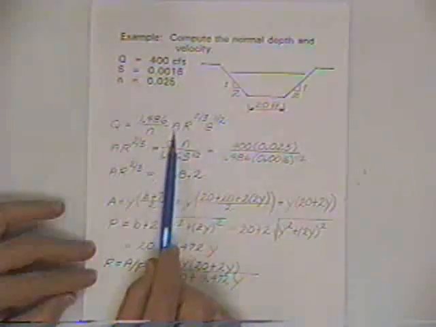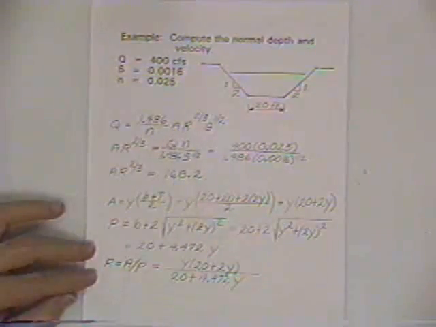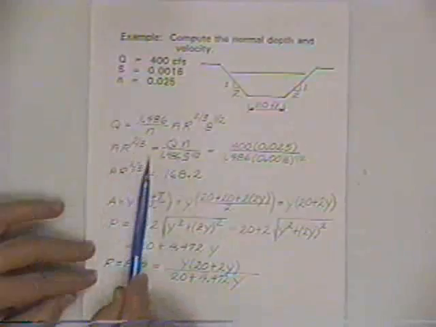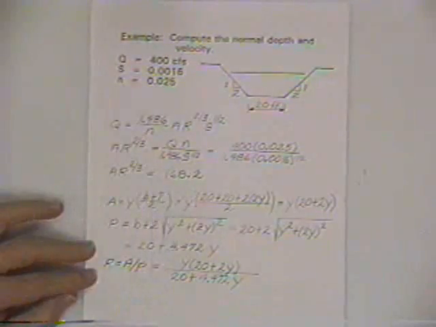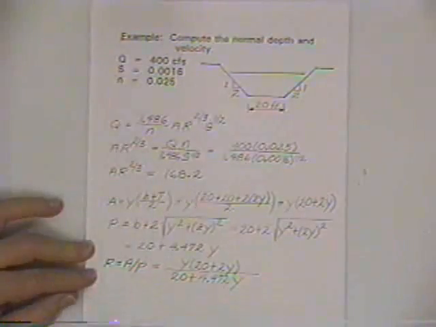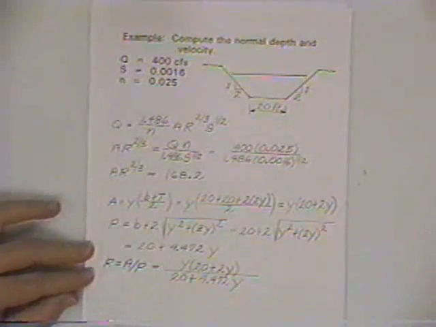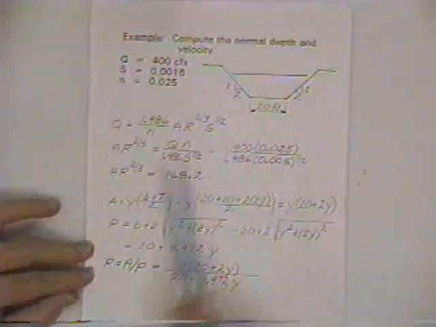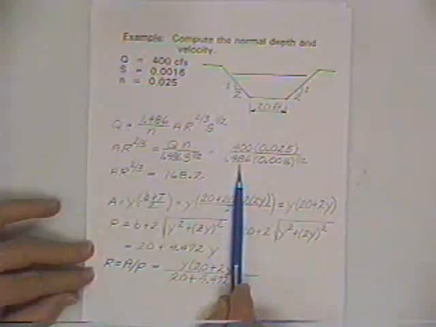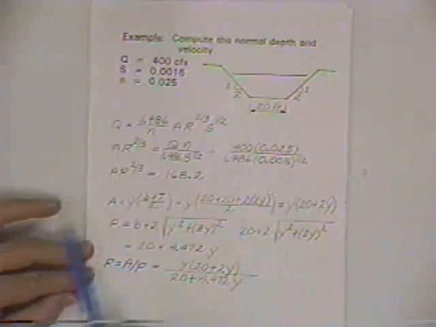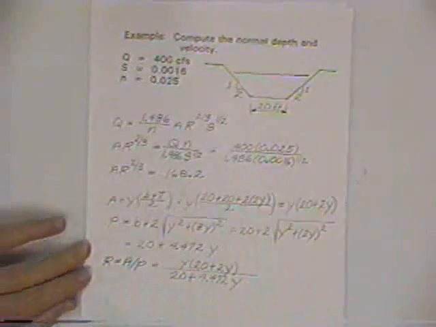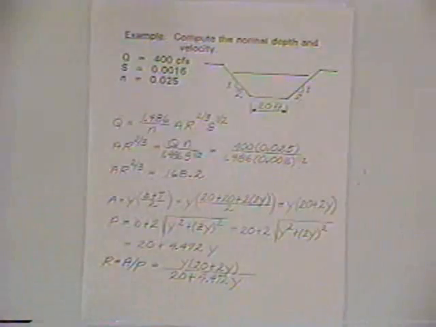You don't see depth, but you recognize that the area and the hydraulic radius are both a function of depth. So we put the unknowns on the left of the equal sign, the knowns on the right, to go through the algebra. Plug in the flow rate, the roughness coefficient n, the constant 1.486, and the slope, and we get AR^(2/3) is 168.2.